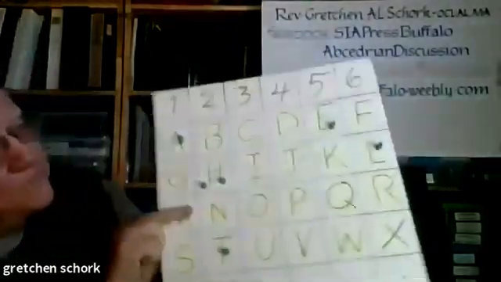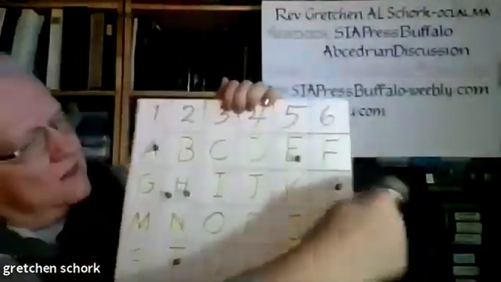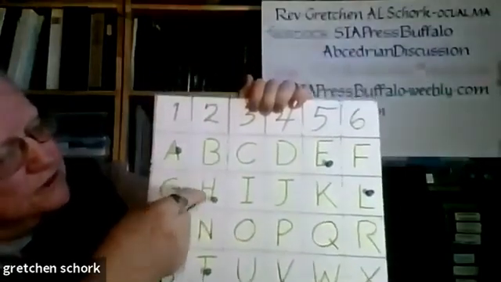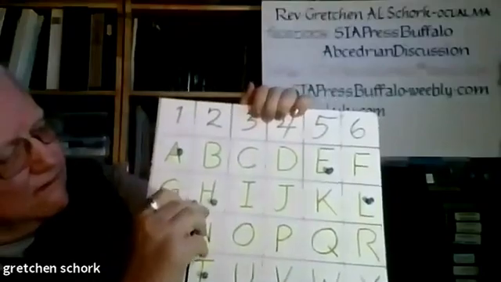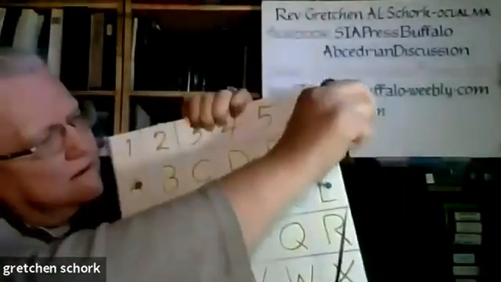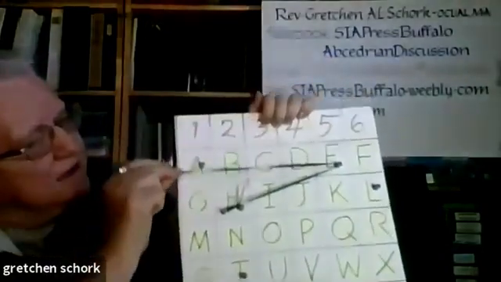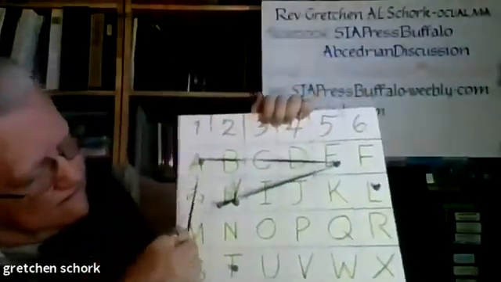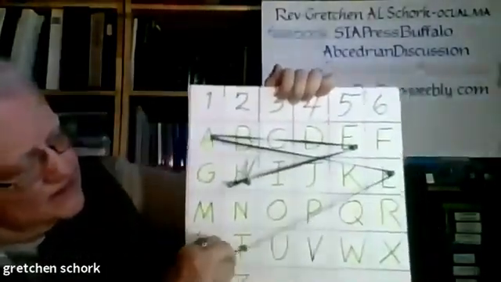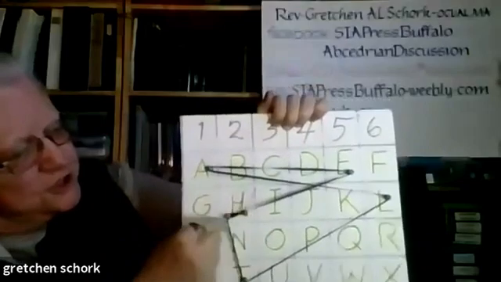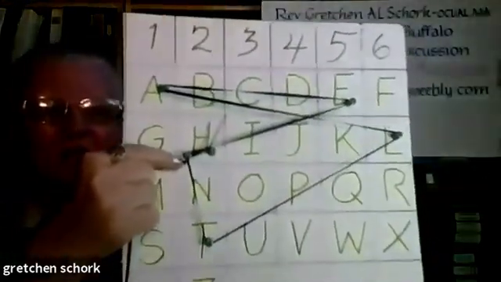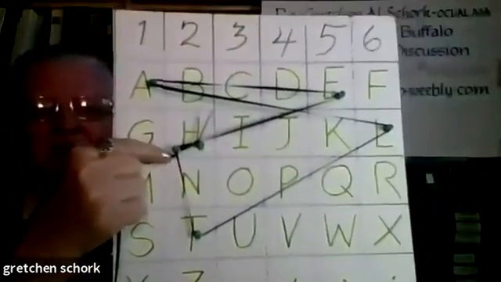So again, with 6 columns going across, we start with H, E, A, L, T, and H. Now the sun is the point of balance in our solar system.